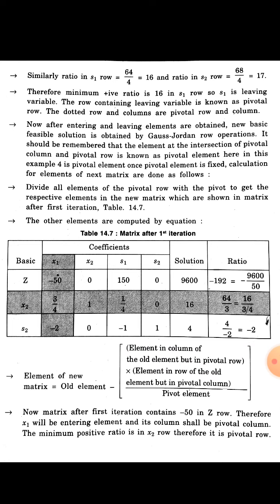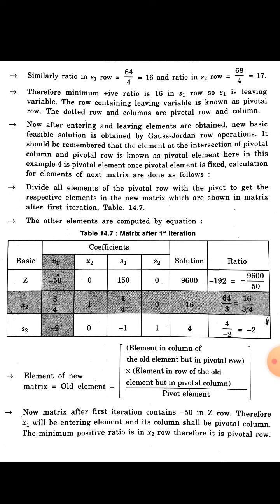After the entering and leaving elements are identified, the new basic feasible solution is obtained by Gauss-Jordan row operations. The other elements are computed in a table with basic, coefficient, solution and ratio. Here the basic variables are z, x2 and s2, with coefficients given for x1, x2, s1 and s2.